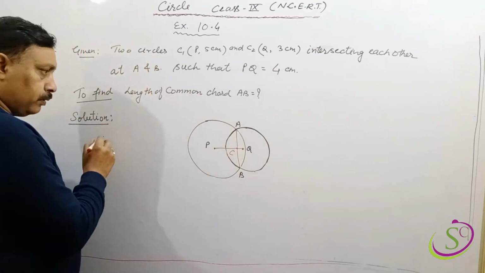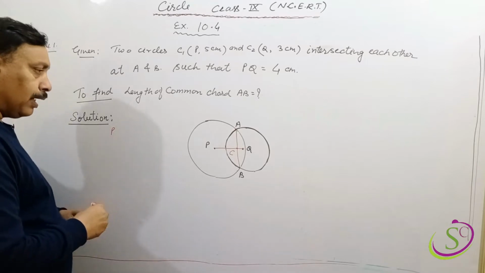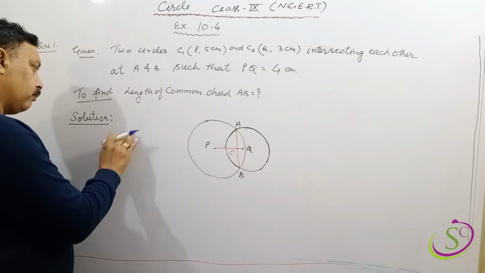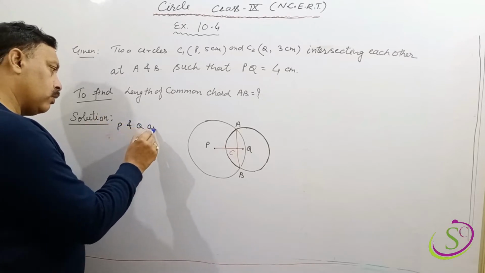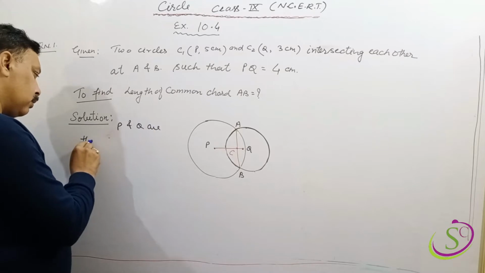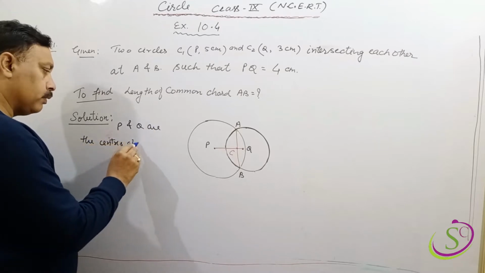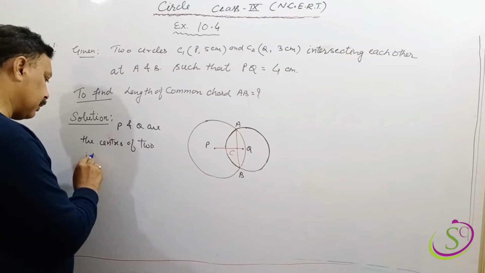Clear? So P and Q are the centers of two intersecting circles.